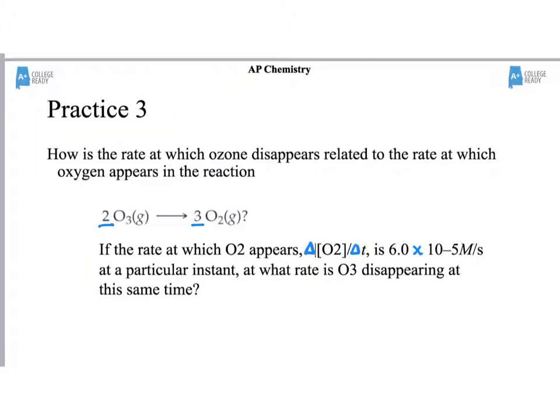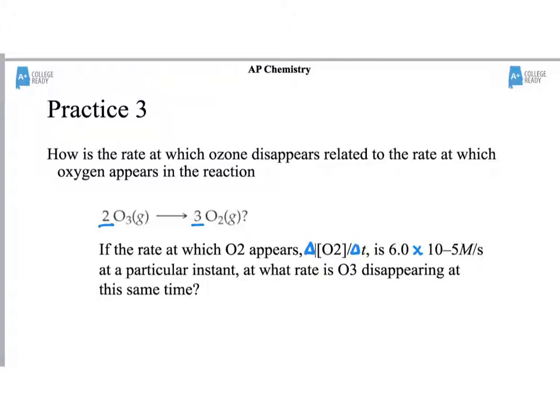Okay? So if oxygen is 3/2 faster, what can we say about ozone? Isn't ozone 2/3 oxygen? Because it's slower. So using that idea, now let's put an actual number in there.